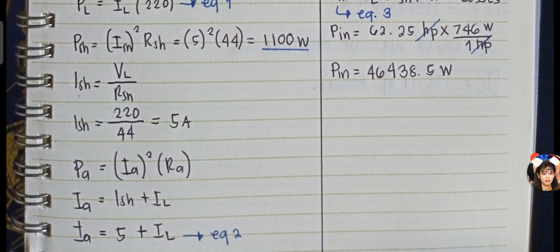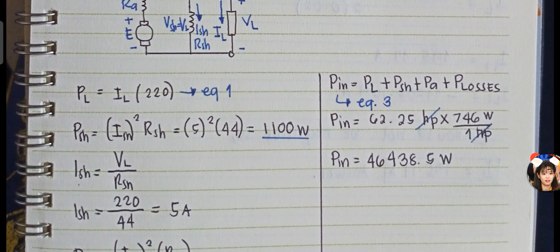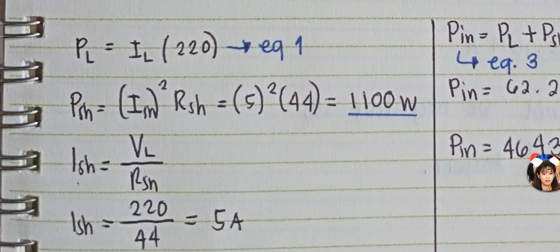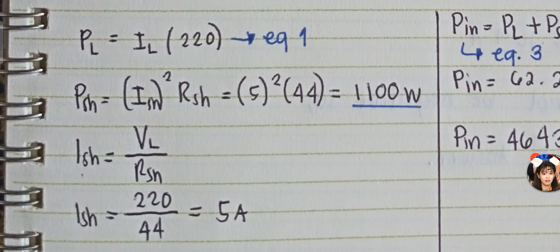Proceeding with our solution, the shunt current ISH is equal to VL over RSH, the R shunt. You may be wondering why I have put VL instead of V shunt.